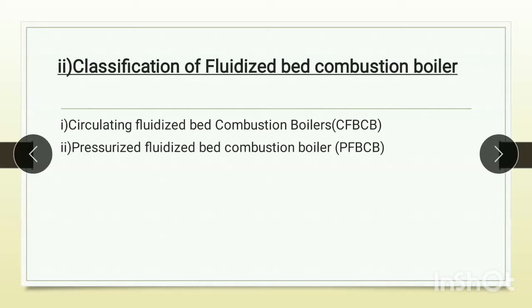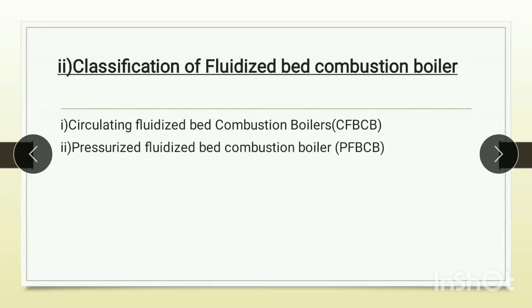As the name itself indicates, the second one is going to have pressurized air, and the first one is going to work at atmospheric pressure. This circulating fluidized bed combustion boiler operates under atmospheric pressure, and the second one, the pressurized bed combustion boiler, operates under applied pressure.